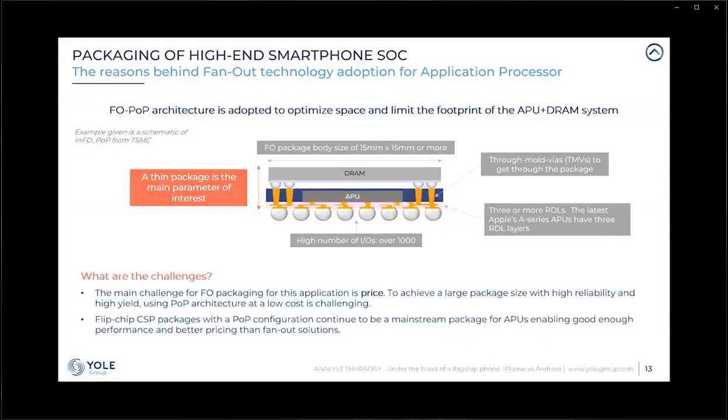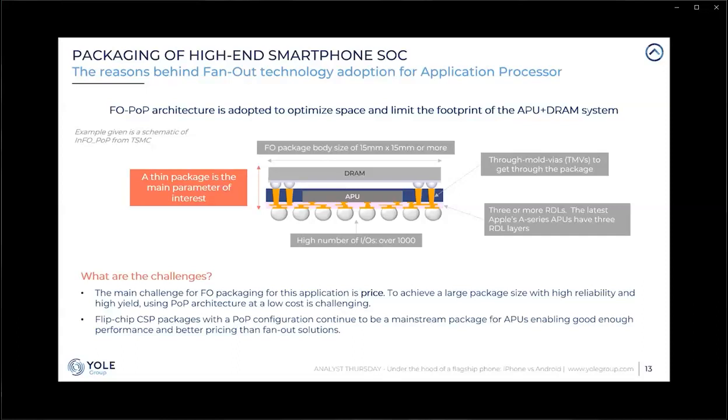So InFO POP is different from flip chip CSP solutions, and the main reason why more OEMs will probably adopt this type of package instead of the flip chip is the thin package that fan-out enables. So fan-out POP architecture is adopted to optimize the space and limit the footprint of the APU plus DRAM system.